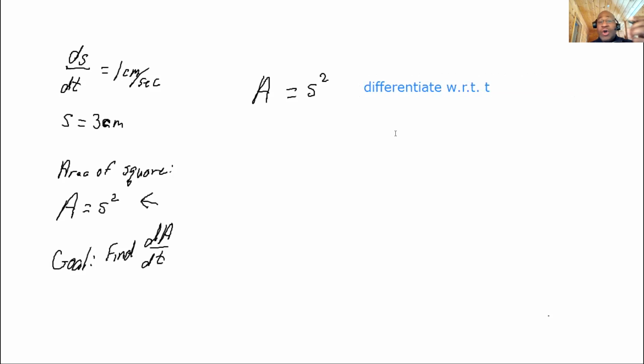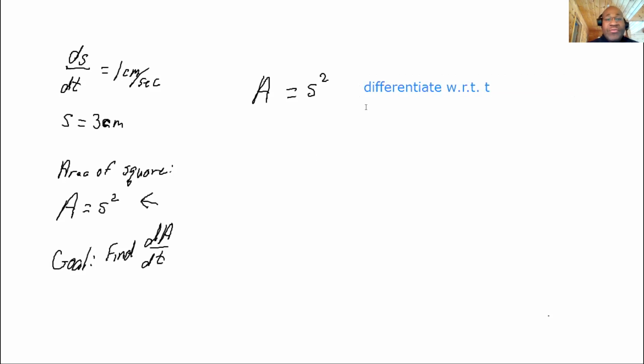So we know that the area and the length of the side are both functions of t. So when we differentiate them with respect to t, we'll have to have that notation for differentiating with respect to t.